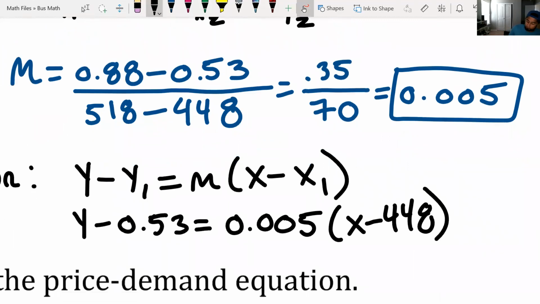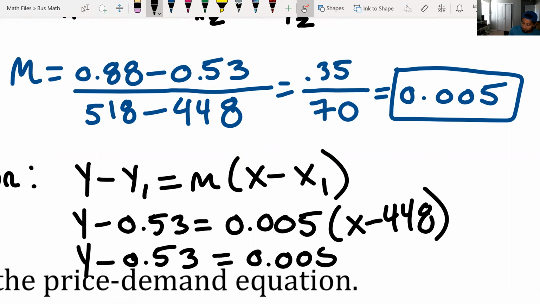All right. Distribute the 0.005, and we have y minus 0.53 equal to 0.005x minus 448 times 0.005. We get 2.24.